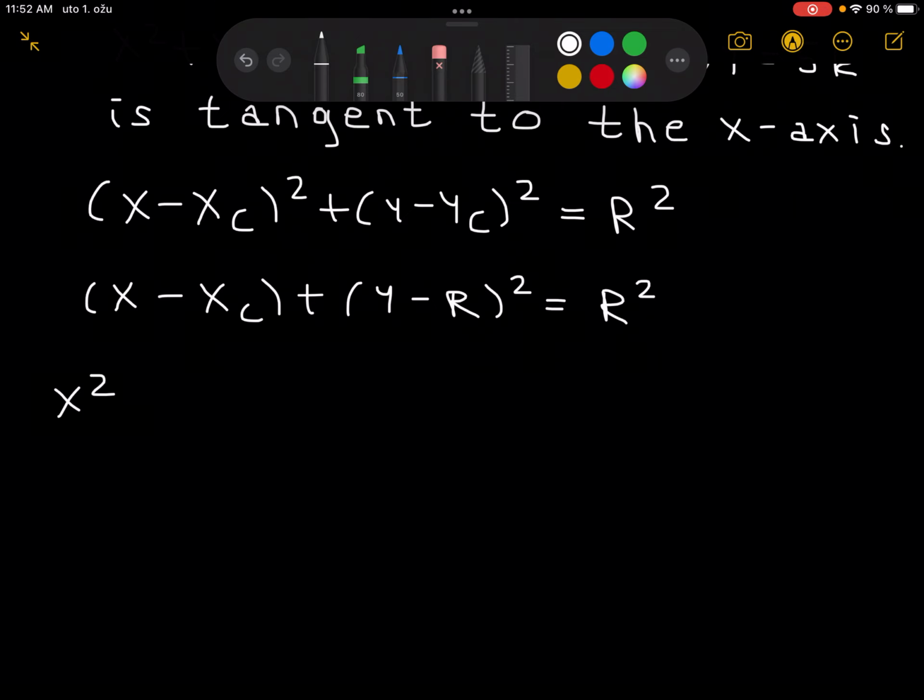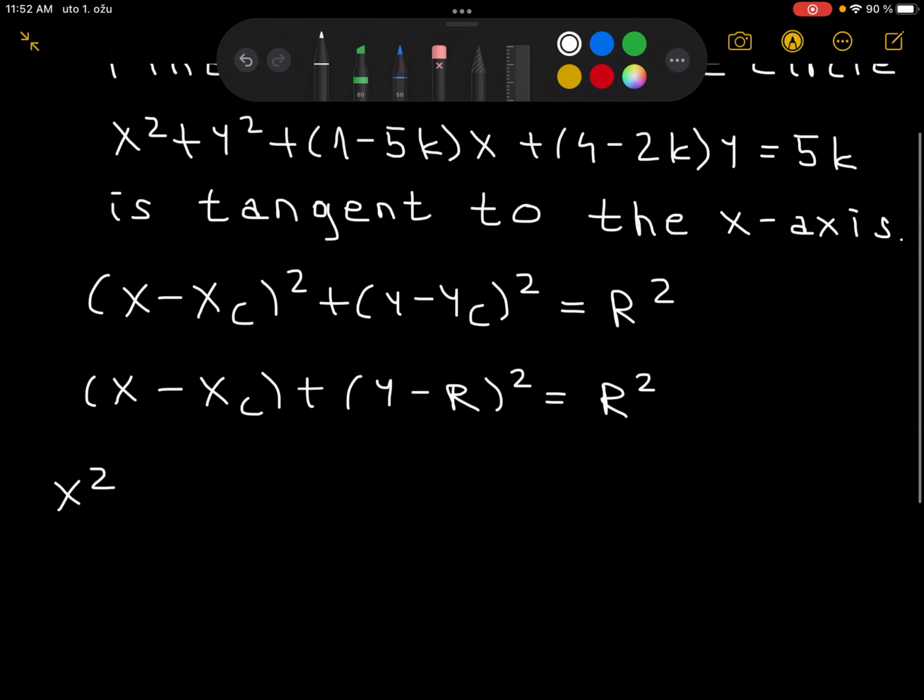So x squared, and I'm going to write these parts first.